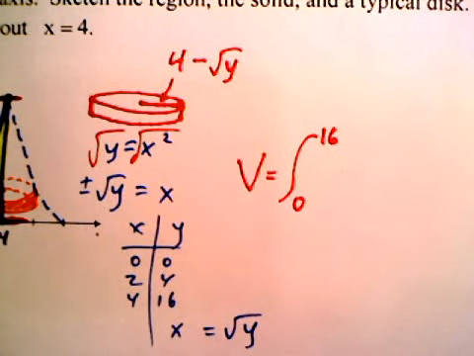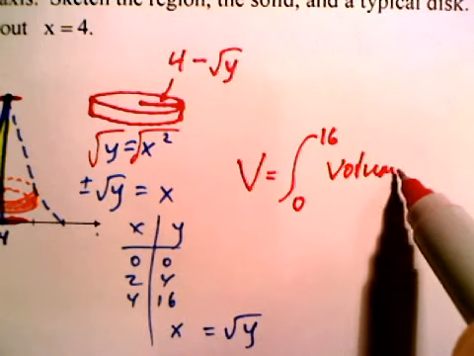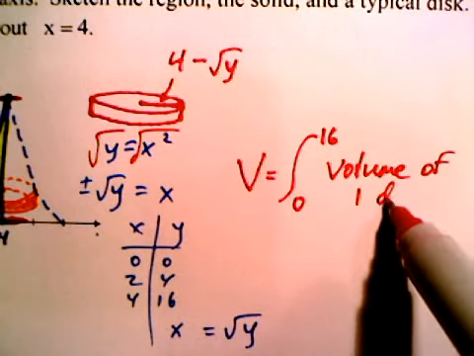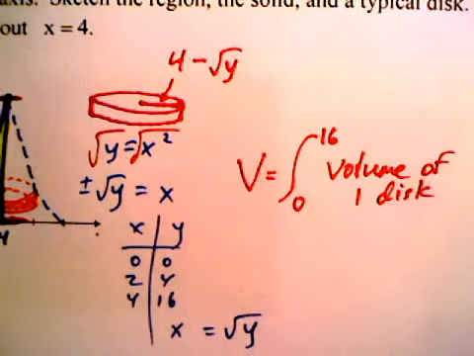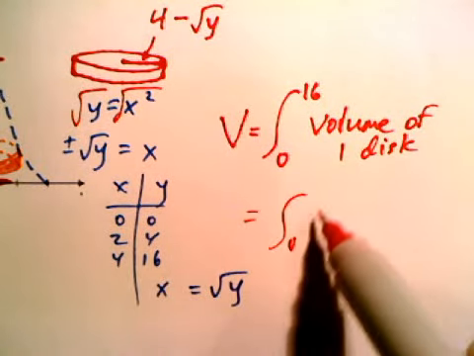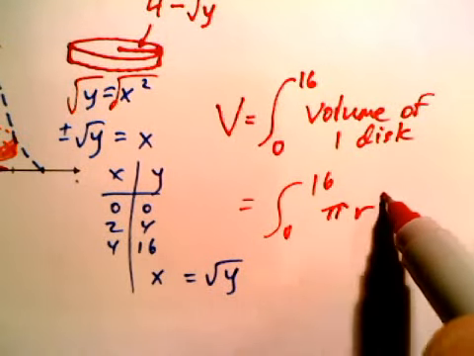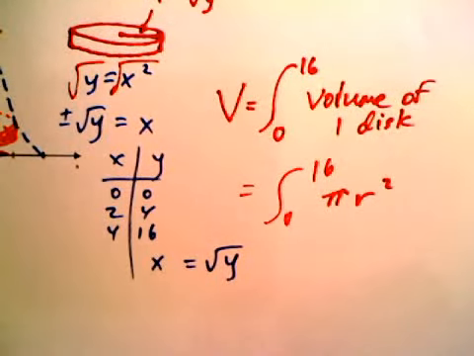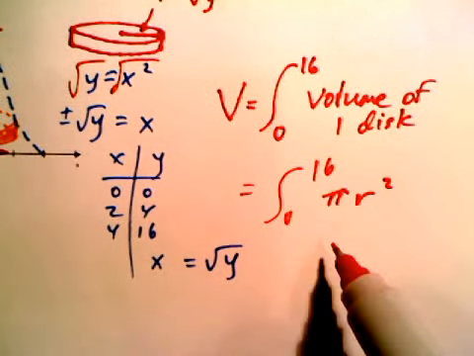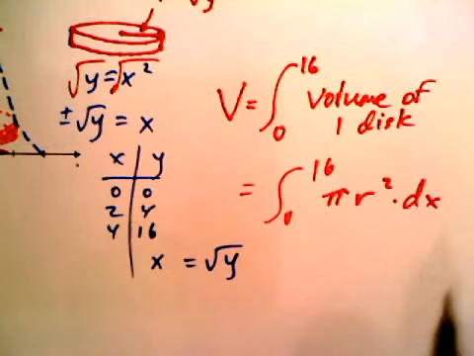Because we know that the volume of one disk, I'm going to write that down, volume of one disk, and I'm going to just mess with you a little bit and put a K on the end of that instead of a C. So the volume of one disk is going to be pi times the radius squared, pi r squared, times the dy.